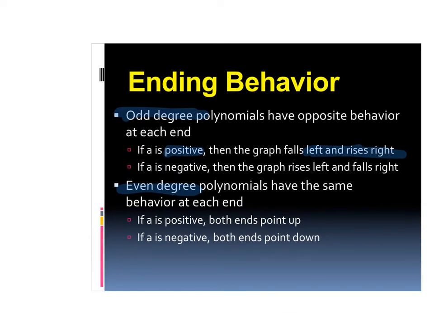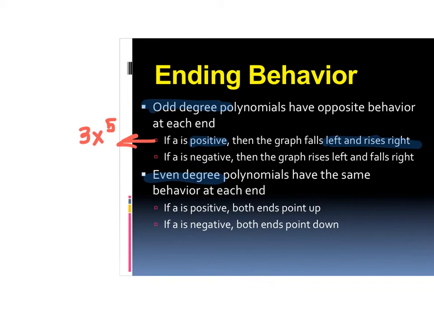So if I had something like 3x to the 5th, okay? Highest exponent is odd, number on the front is positive, which means my graph is going to rise to the right and fall to the left. What happens in between is what we're going to figure out. But for now, we're just doing end behavior.